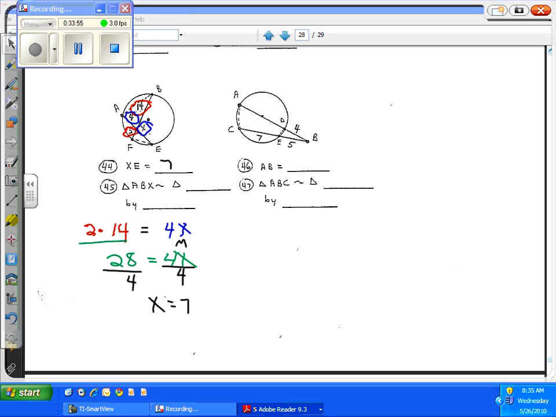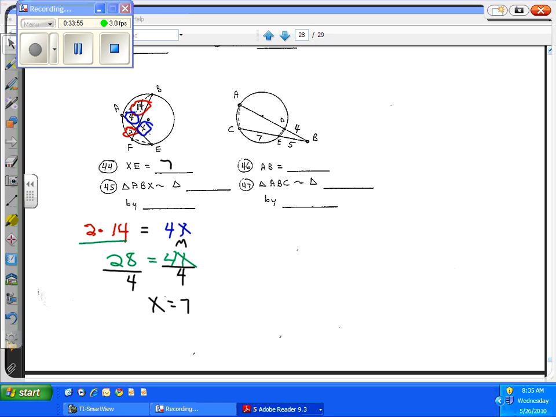Okay. This is correct. If two chords intersect inside of a circle, then the product of the segments of one chord is equal to the product of the segments of the other. In other words, piece times piece of the first is equal to piece times piece of the second. We're going to go ahead and do this multiplication and get 28 equals 4x.